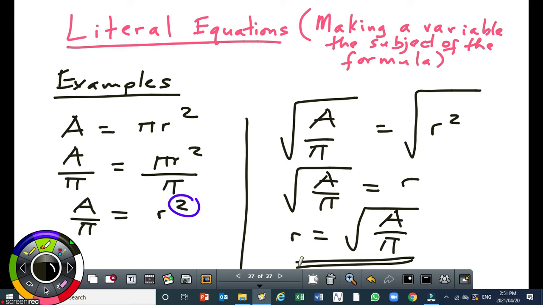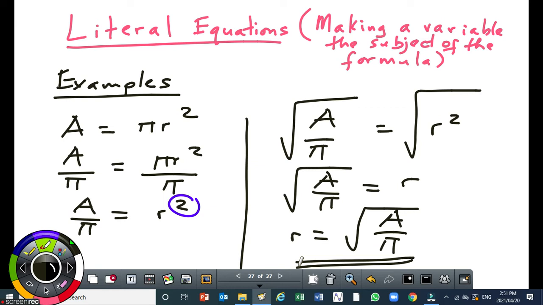So we use knowledge of equations and knowledge of exponents to do that. Literal equations are very important. I think all of you are doing physical sciences. You encounter literal equations in physical sciences a lot. So that's one example.